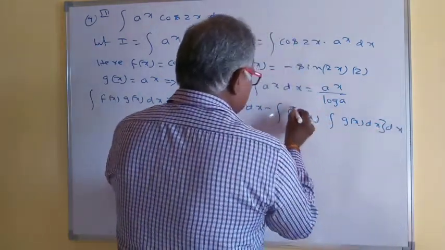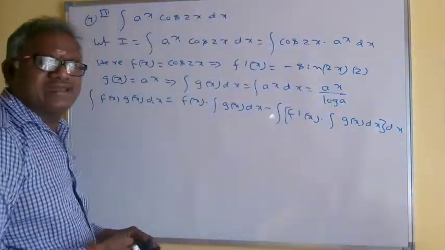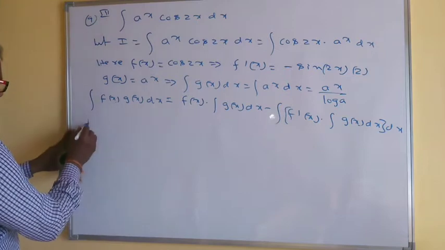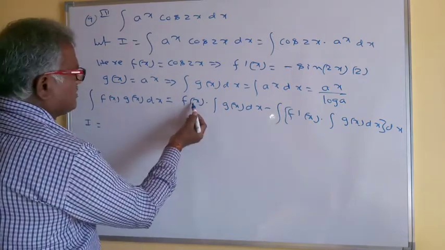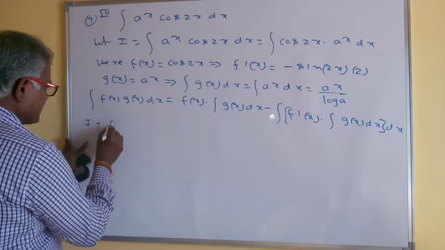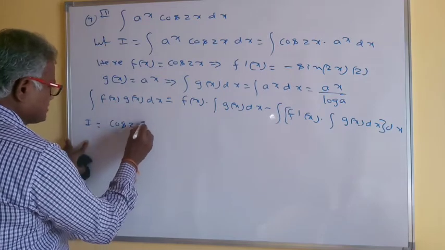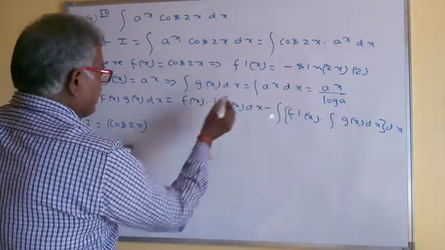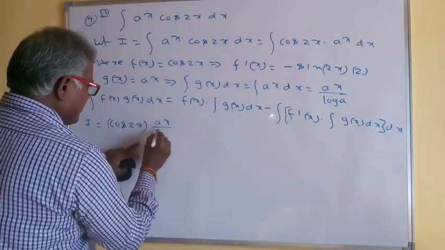Totally we should put the integral symbol. So I is equal to first function cos 2x into integral value a power x by log a.